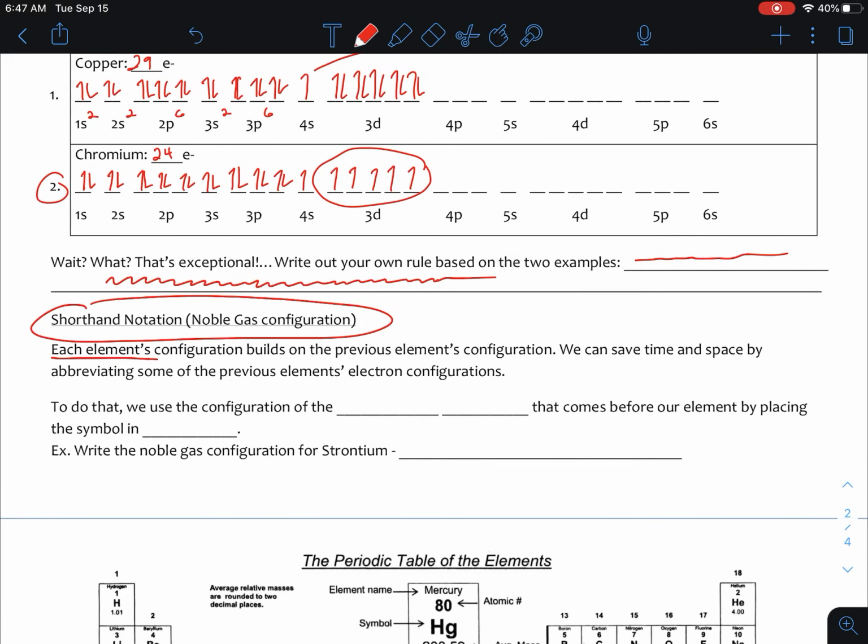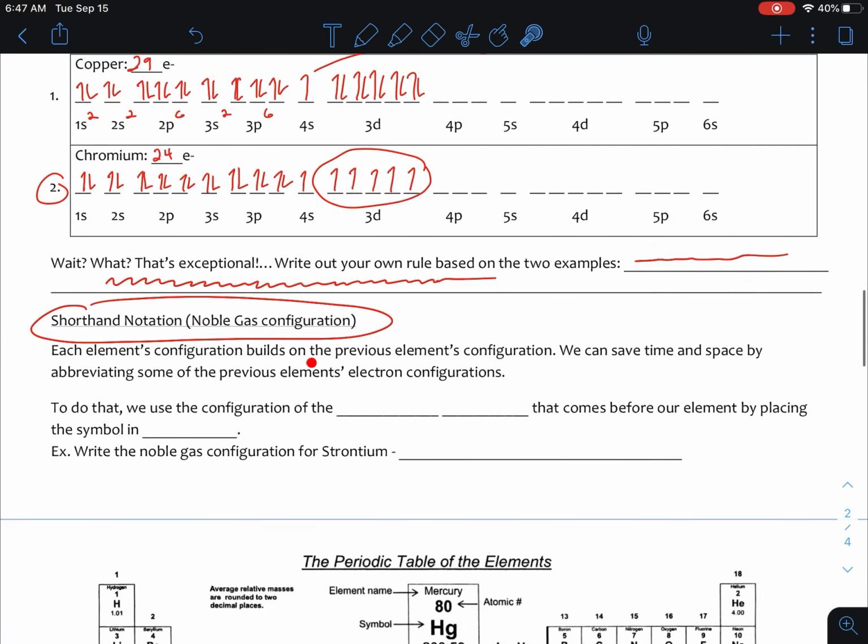So each element's configuration builds on the previous element's configuration, as we noted. We can save time and space by abbreviating some of the previous element's electron configurations. To do that, we use the configuration of the noble gas that comes before our element by placing a symbol in brackets.